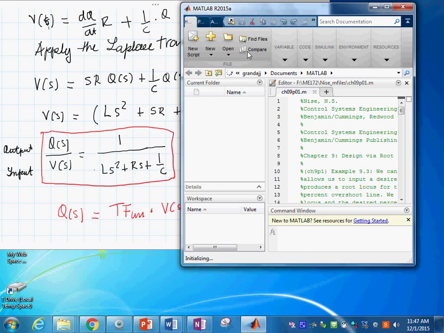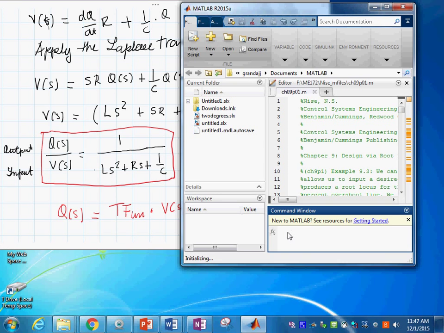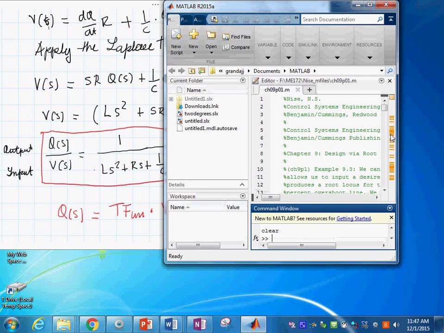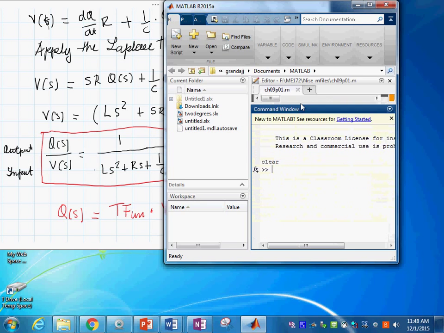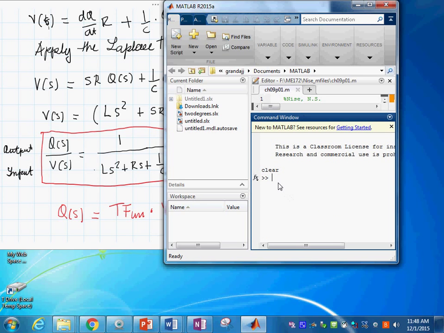There we go, so we have MATLAB on. I'm going to clear anything in here.